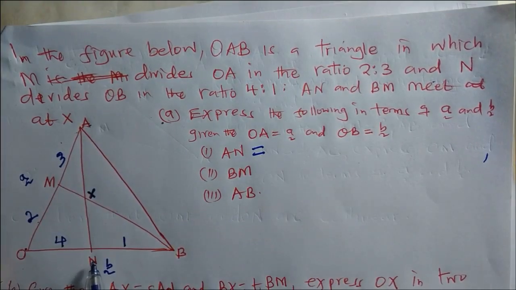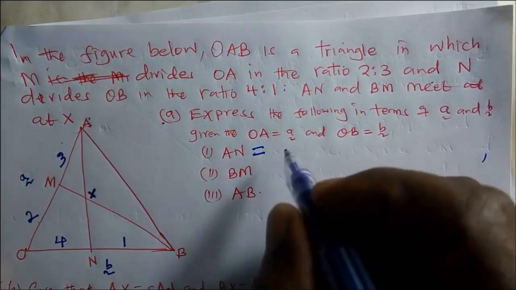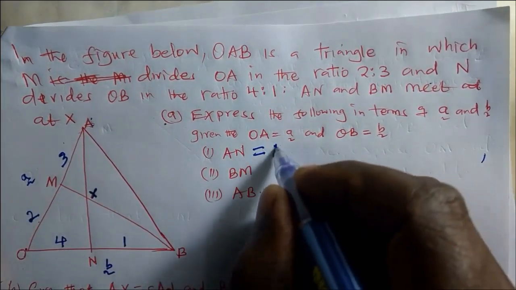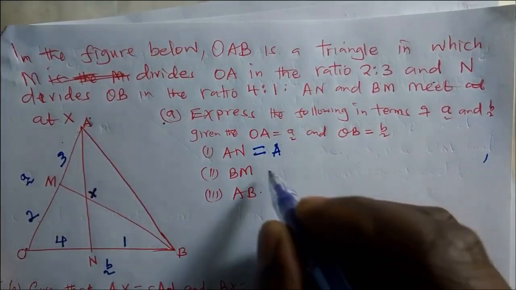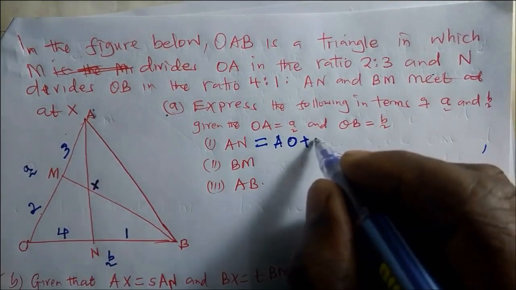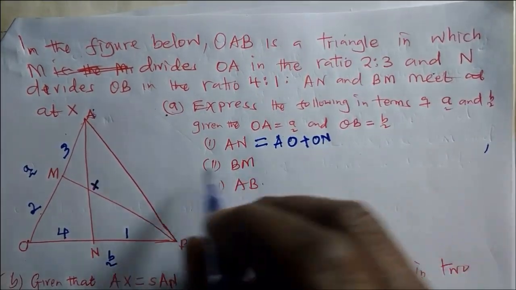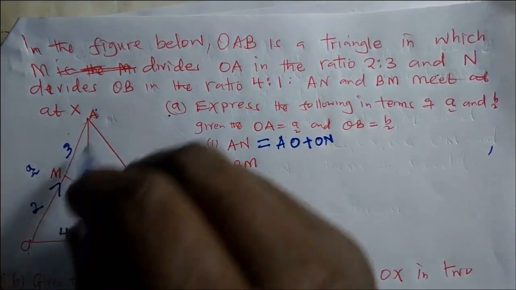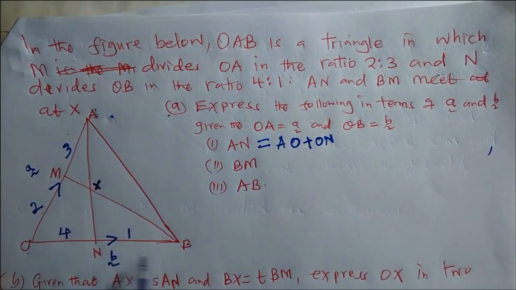is equal to AO plus ON. Now remember, the arrow is going this way, because OA we are going this way, OB, this is the arrow.